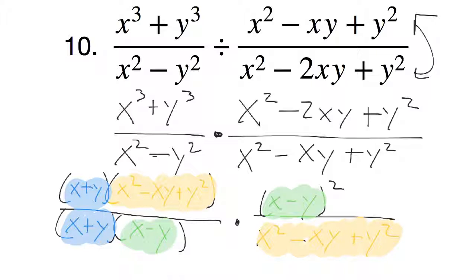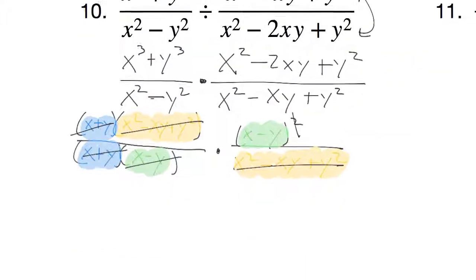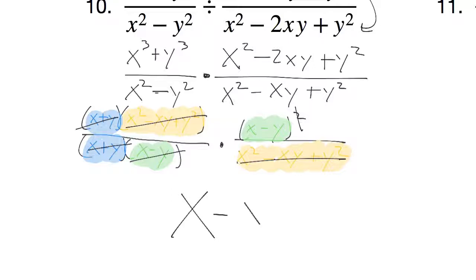And here they are, so I'm going to do a whole lot of canceling. This cancels, this cancels, this cancels, and this cancels one of these. And what are we left with? The answer is just x minus y. Done.